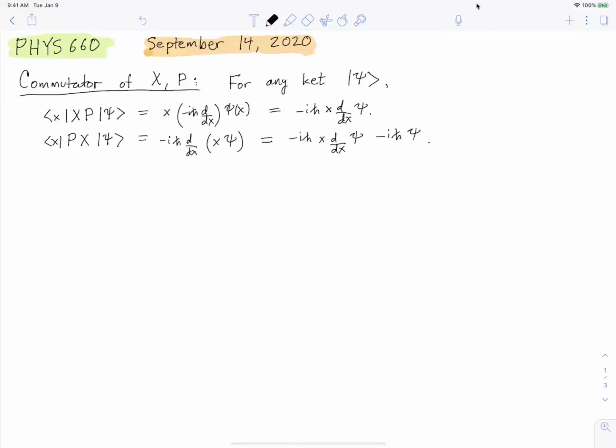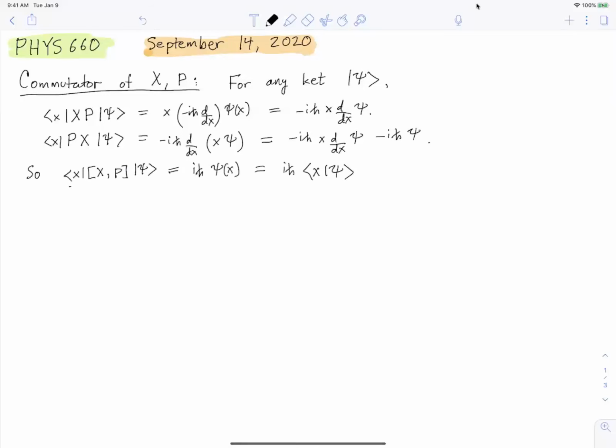So having computed these things in different orders, we can now take their difference and ask for the matrix element of the commutator of x and p between the bra x and the ket psi. And so the first two terms cancel out, and we're just left with i h bar times the wave function, which we can also write as i h bar times <x|psi>.